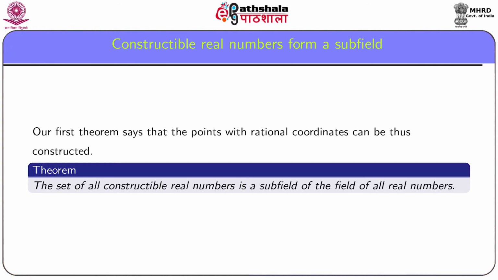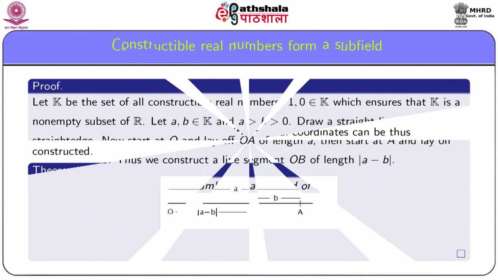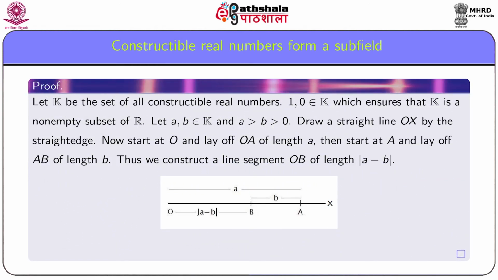Now we show that the set of all constructible real numbers is a subfield of the field of all real numbers. Let K be the set of all constructible real numbers. Then 1 and 0 are in K, which ensures that K is a non-empty subset of R.